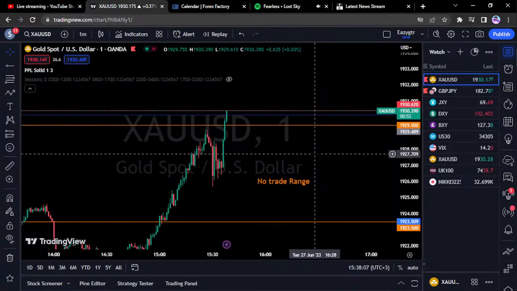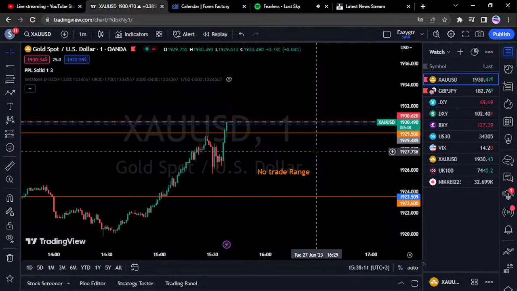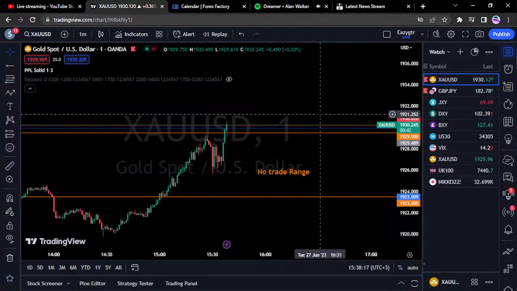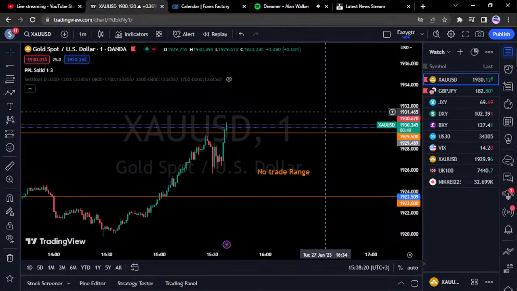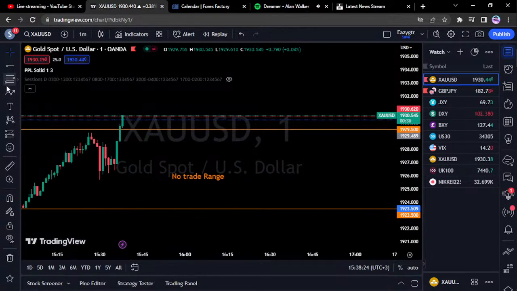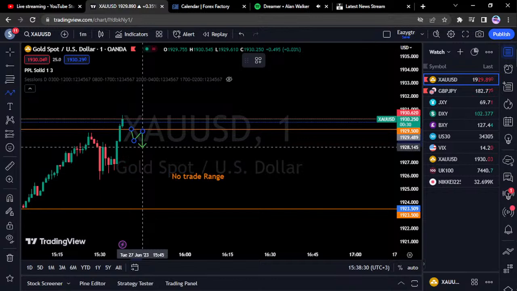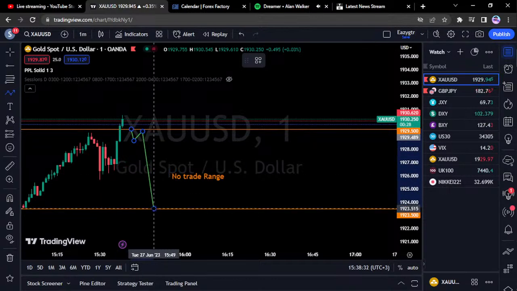So as you can see, we don't have any validation for sales. Just sit on your hands, don't execute on anything till you get a break below 1929.500, and as price holds, we can hold it down to 1923.